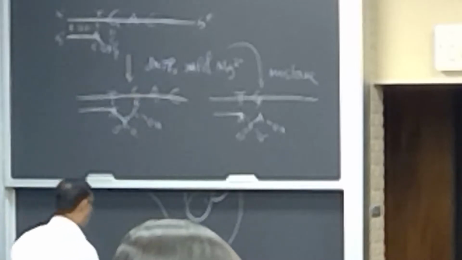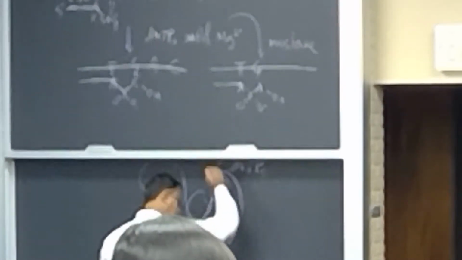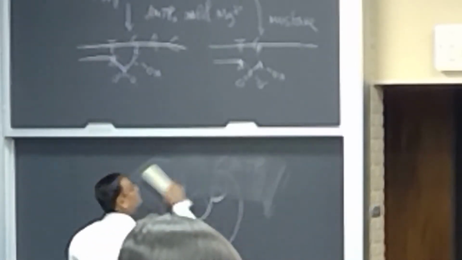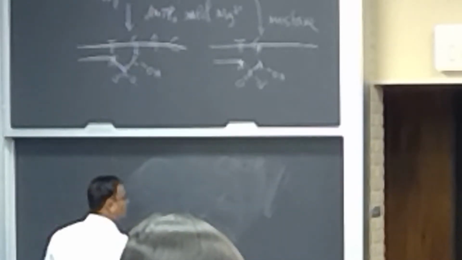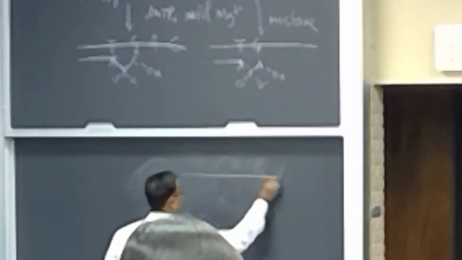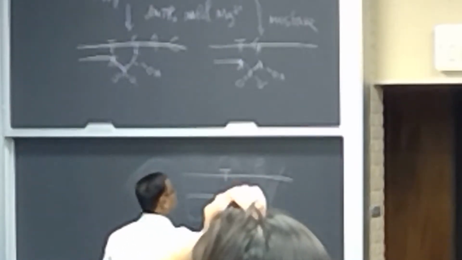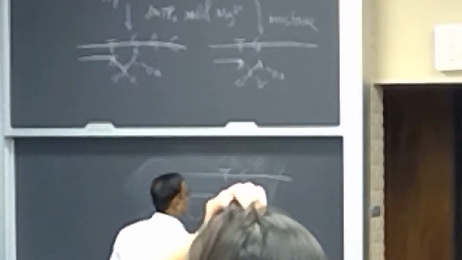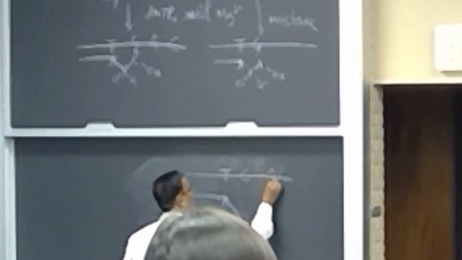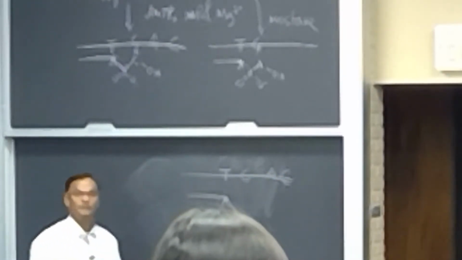So what will happen under those situations? So you will produce something like T, A, G, A. Did not form that good hydrogen bond. Does it make sense?